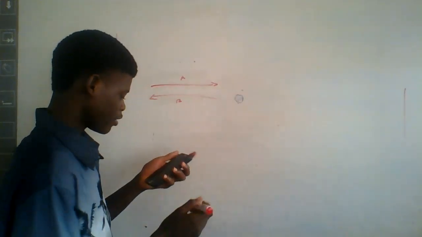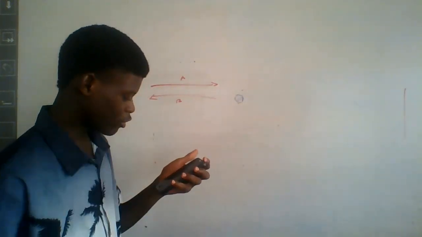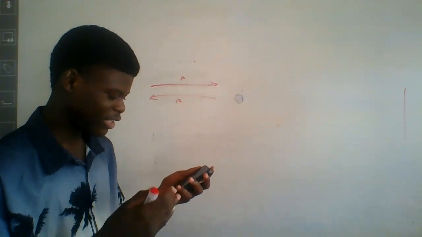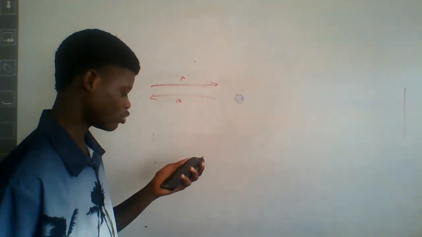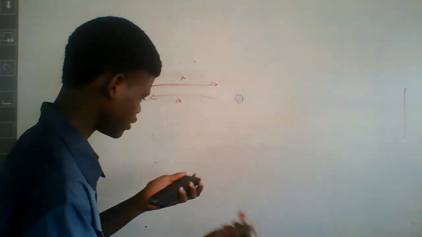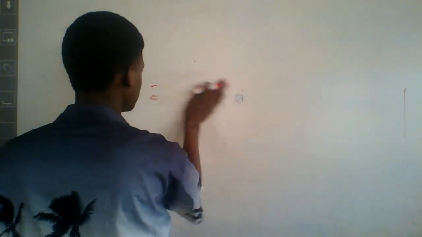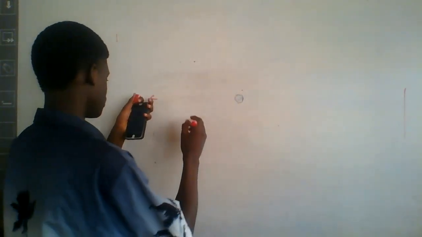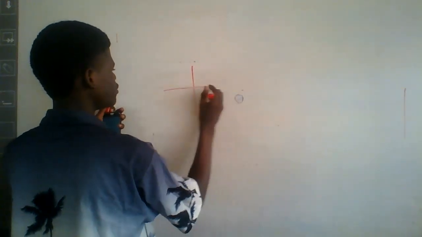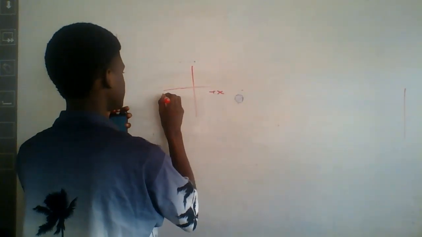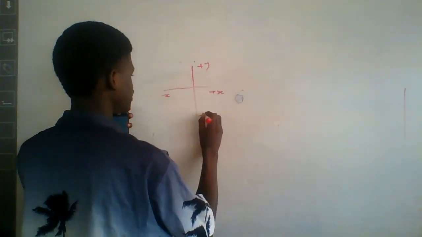So number 5 says if both components of vectors are negative, then their resultant lies in A first quadrant, B second quadrant, C third quadrant, D fourth quadrant. Let's analyze that. This is the four cardinal points: the positive x axis, the negative x axis, the positive y axis, and the negative y axis.